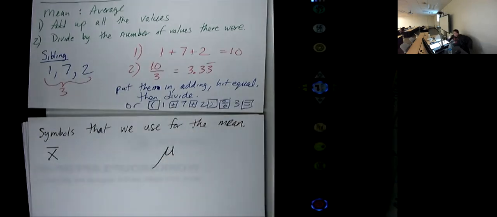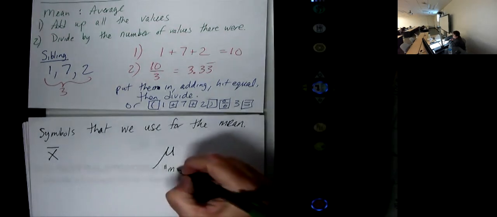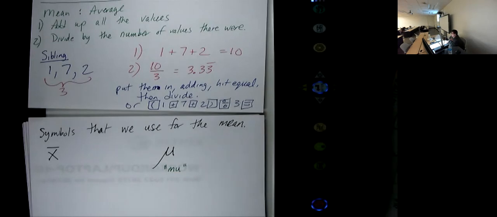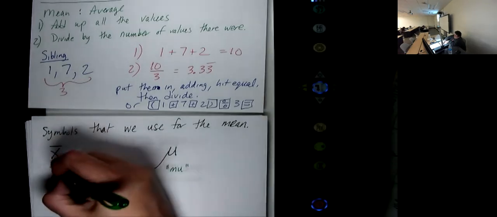And I am really exaggerating that tail on the left, because it looks like the letter U, but with a really long tail. It is not the letter U, it is actually the Greek character mu. If you like Pokemon, it's like Mewtwo, Mew, that kind of Mew. We call this one X-bar.